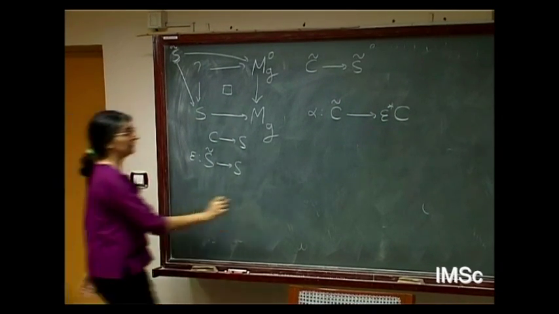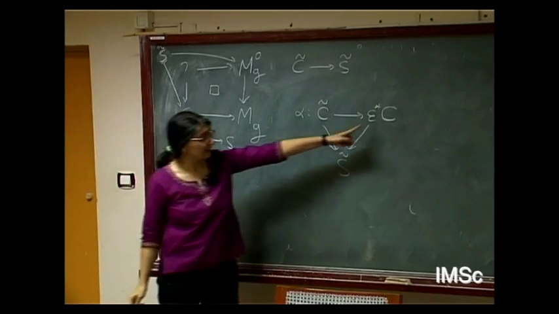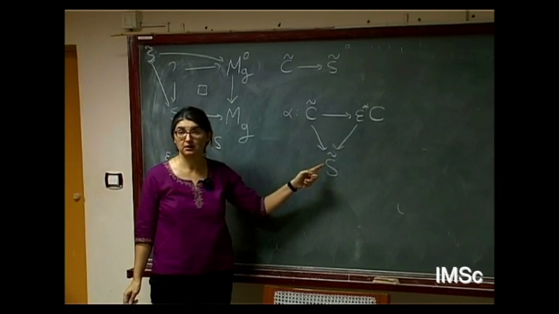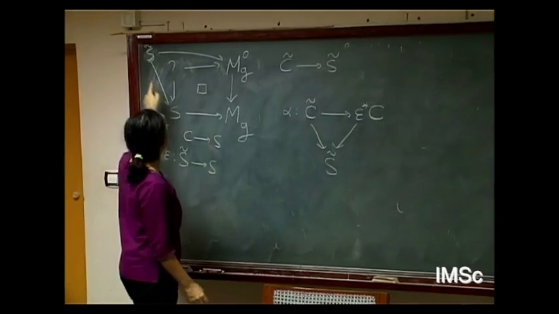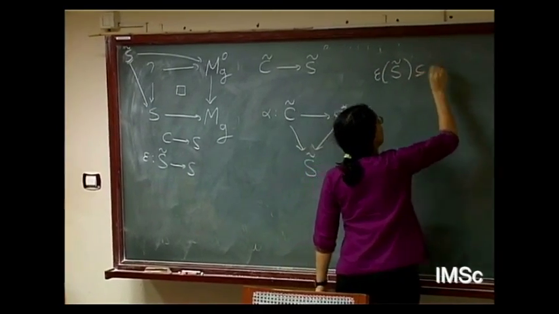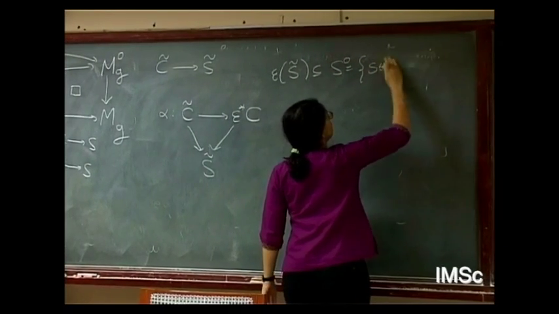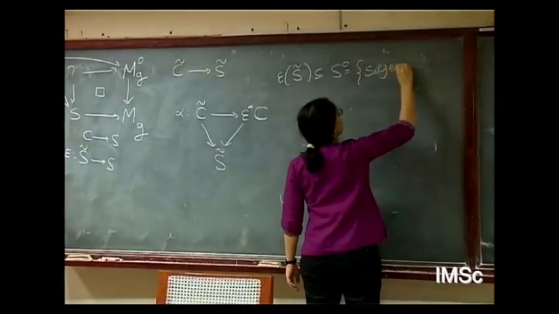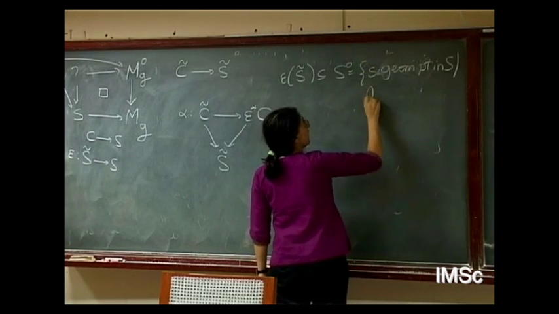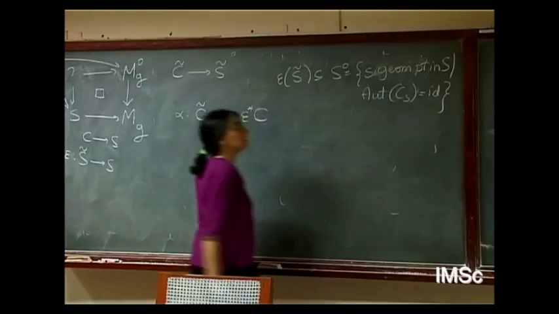This means, as fibered objects on S twiddle, well, since these fibers are rigid, these fibers are also rigid. So certainly epsilon of S twiddle is contained in S0, which is the set of geometric points s in S such that the automorphism group of C_s is just the identity.